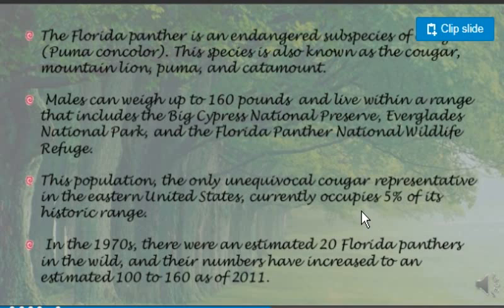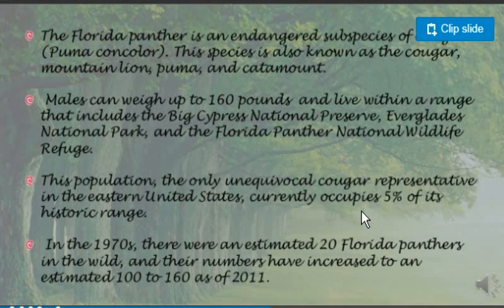Males can weigh up to 160 pounds and live within a range that includes the Big Cypress National Preserve, Everglades National Park, and the Florida Panther National Wildlife Refuge. This population, the only unequivocal cougar representative in the eastern United States, currently occupies 5% of its historic range.